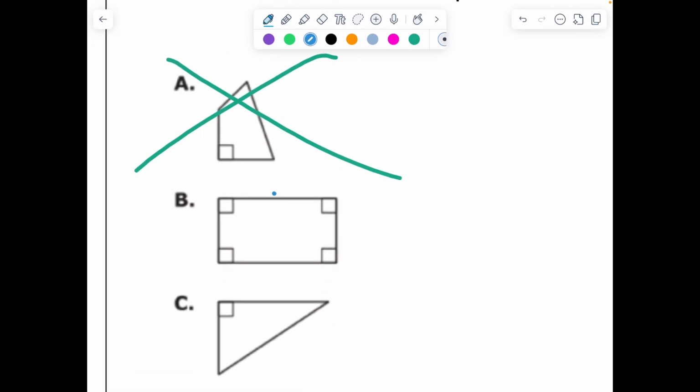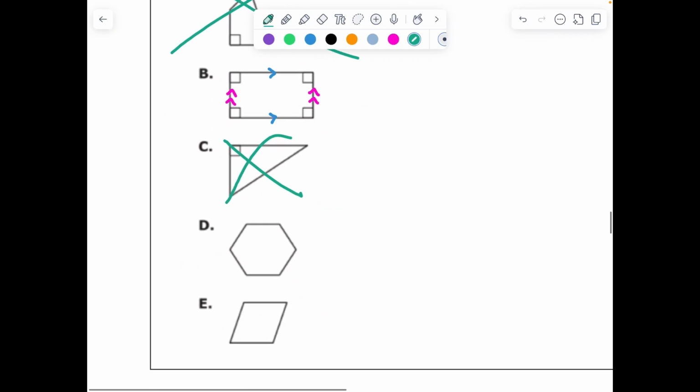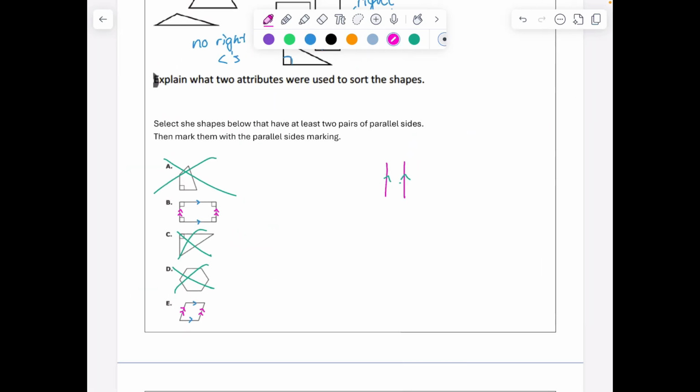B, a rectangle, has 2 sets of parallel sides, so we're going to make sure to mark those with arrows. C, this triangle does not have any parallel sides. Neither does this hexagon. But this quadrilateral down here, just like a rectangle, does have 2 pairs of parallel sides.